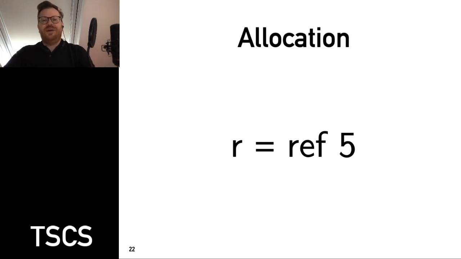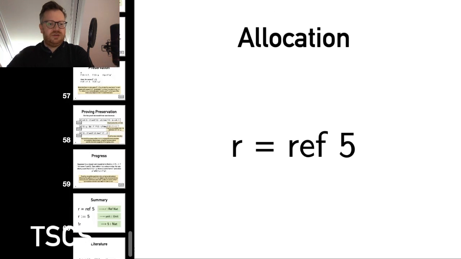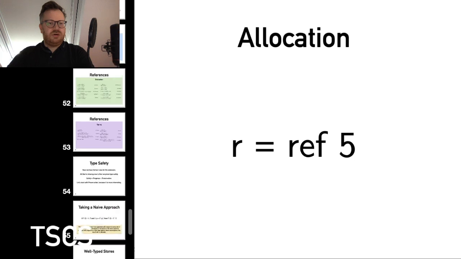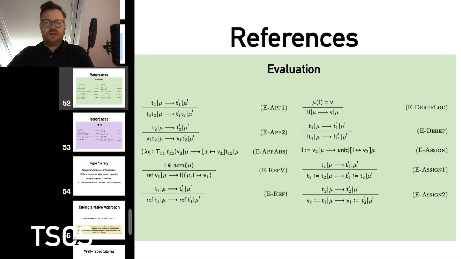Maybe have a little bit of a longer look at the solution. I just go quickly over the reference operators, because this also was a little bit strange how you used it. Allocation means that we construct, or let me just quickly move to the rules for that, because this is just a construction and I need the final rules, which are here. This is the typing, this is evaluation.